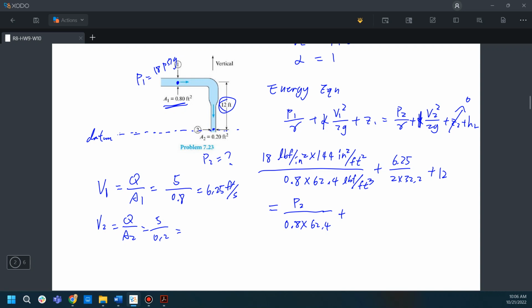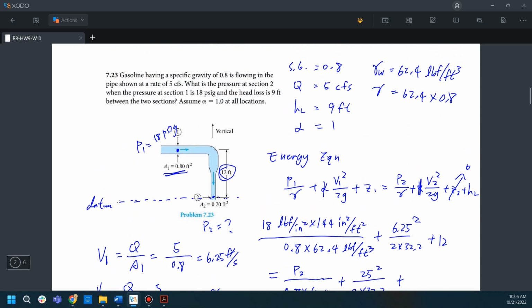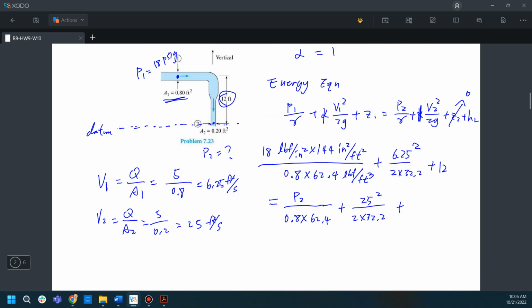This gives us 25 feet per second. Plug this number back. 25 squared divided by 2 times 32.2. Okay, and the last term is the head loss, and the head loss is already given, which is equal to 9 feet.